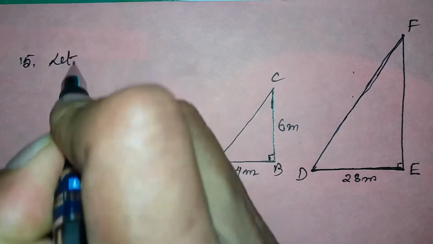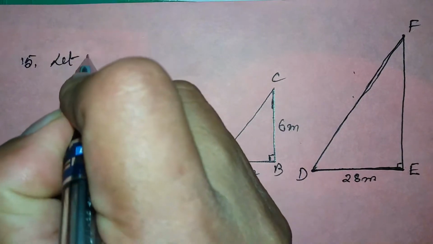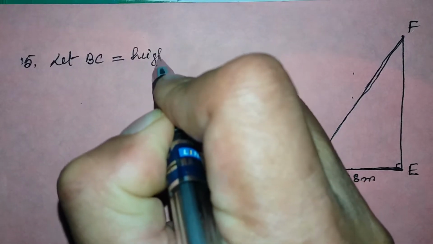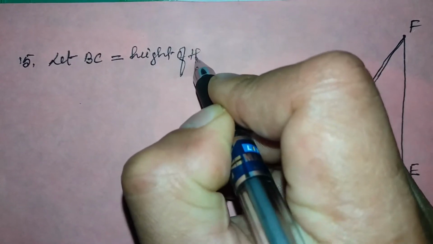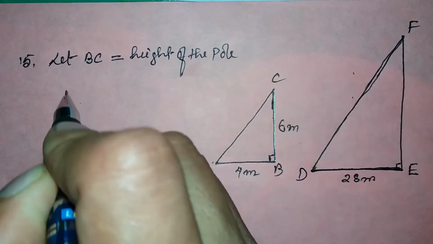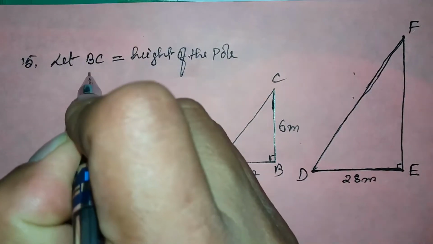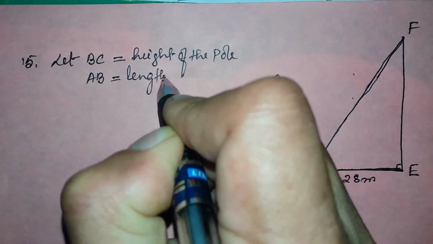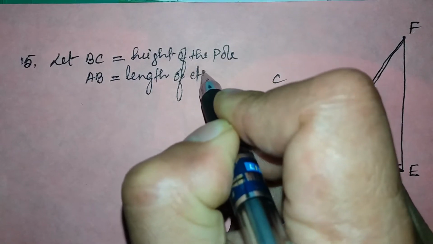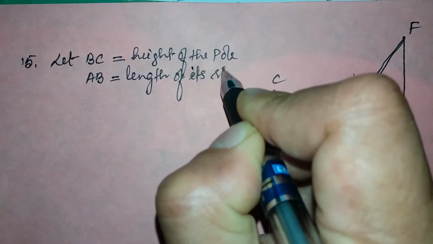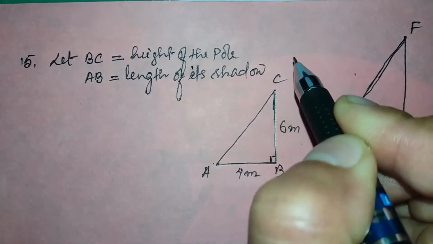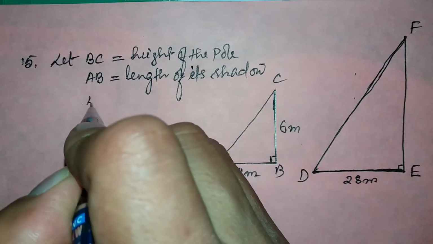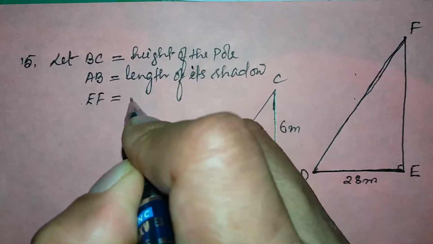Let BC be the height of the pole, AB the length of its shadow, and EF the height of the tower.